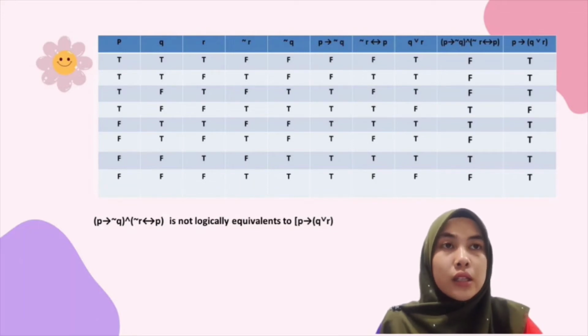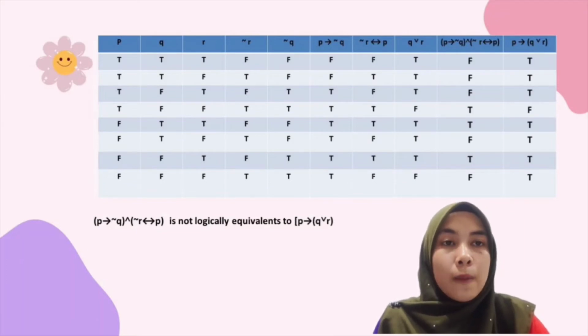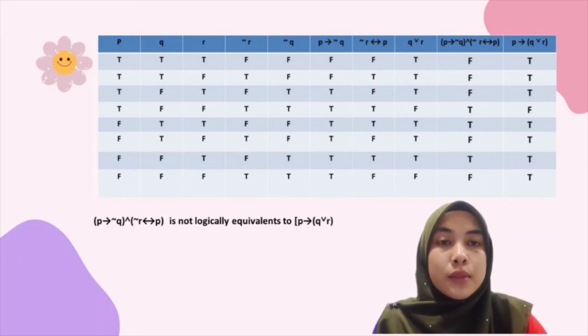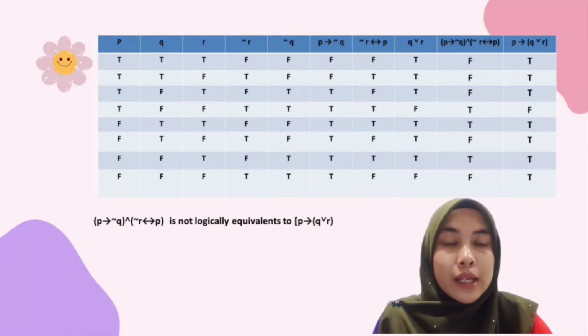Okay, we go to the next last column, which is P implies to the Q or R. Again, we can identify the first column is P and the second column is Q or R. Okay, just like before, it uses implies, so we know the rule of implies is, true implies to true or false implies to false, then will be true.